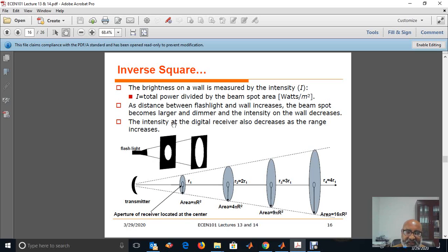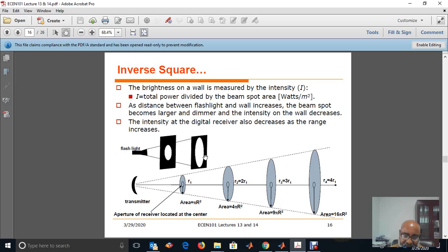What is the intensity? The intensity refers to the total power divided by the beam spot area. So the unit is in watts per meter square. As the distance between the flashlight and the wall increases, the beam spot becomes larger and dimmer, and the intensity received at the wall decreases.